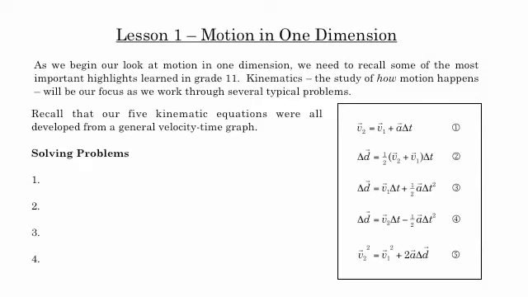So one of the things that we want to remember is the 5 kinematics equations that you can see listed here. And it's important to remember that these equations were all derived from a simple velocity time graph with uniform acceleration, or with a constant acceleration.